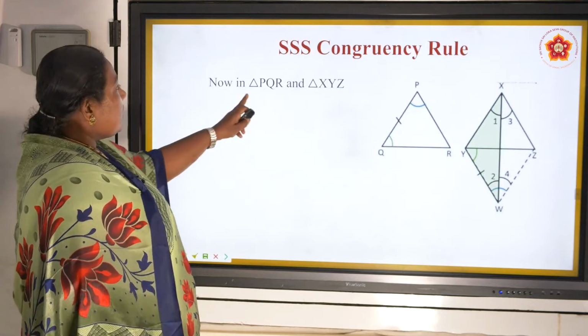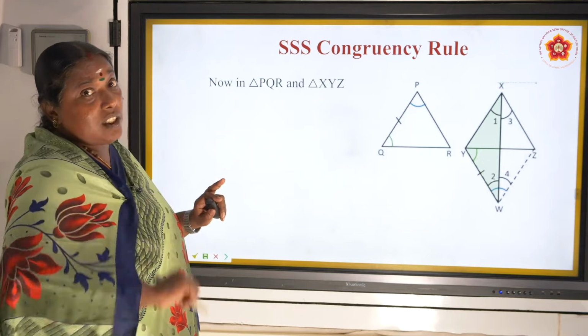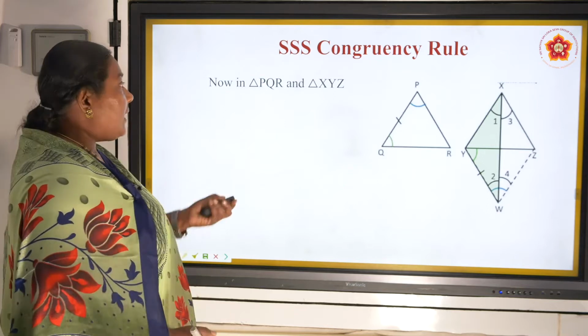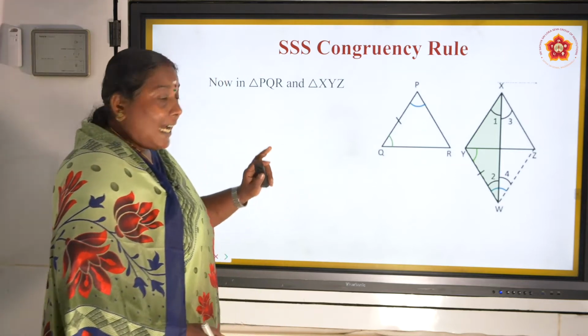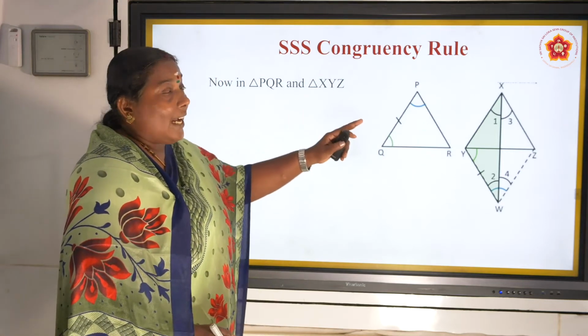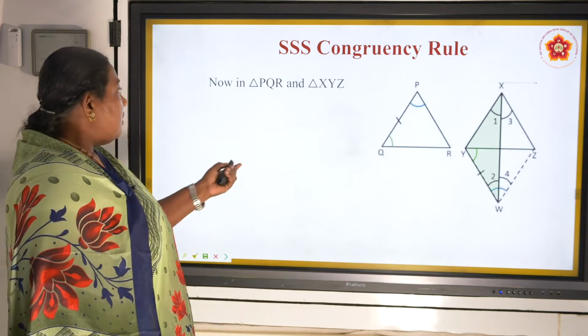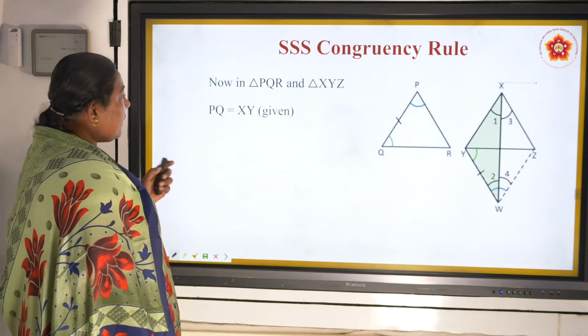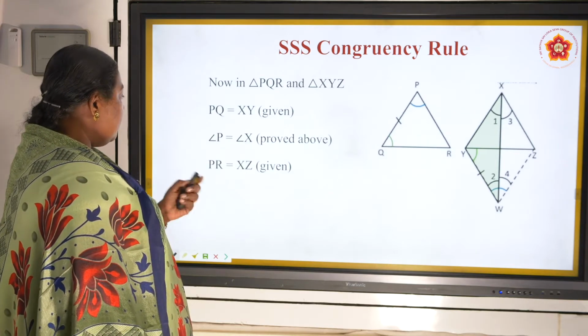So let us see. Triangle PQR and triangle XYZ. That was the original triangle which we got. Is it right? So in that, PQ is equal to XY, PR is equal to XZ, and angle P is equal to angle X. That is what we found in this. Right? See, PQ is equal to XY, angle P is equal to X, PR is equal to XZ.